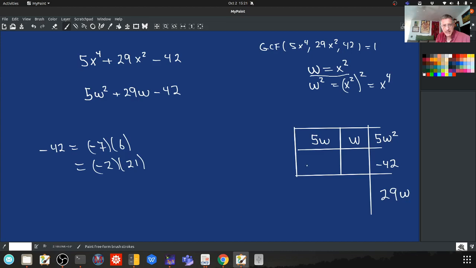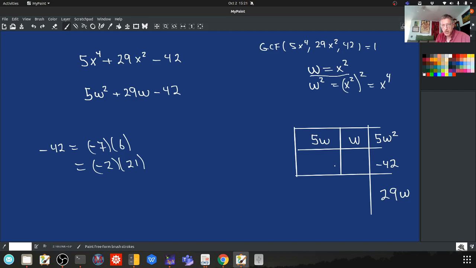Let's try minus 7 there and 6 here. So 6 times minus 7 is minus 42. So that's 5w times 6. That's 30w minus 7w. That's not going to do it. So we got to try something else.